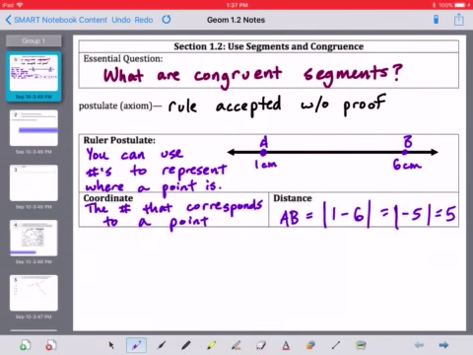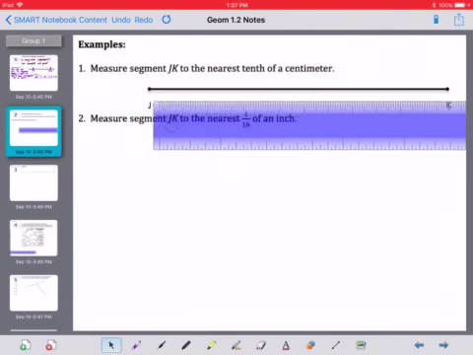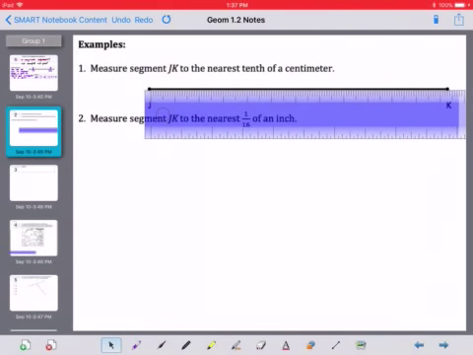All right. Now let's practice using a ruler, so get a ruler handy for our first two examples. We're going to be measuring segment JK to the nearest tenth of a centimeter. On a ruler, the centimeters are the smaller units compared to the inches.